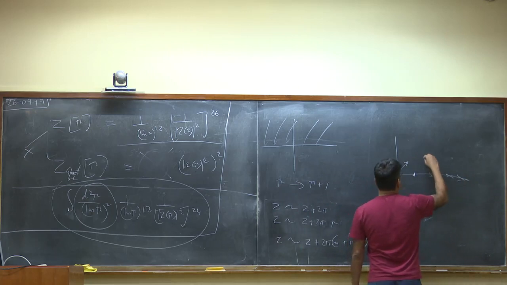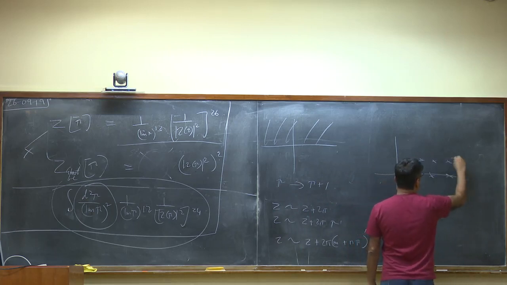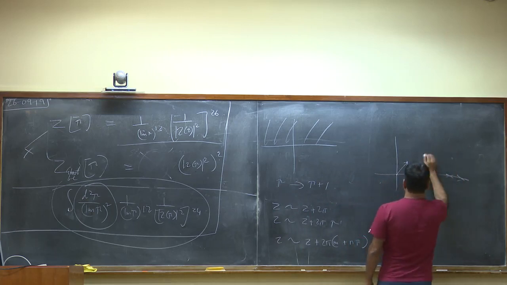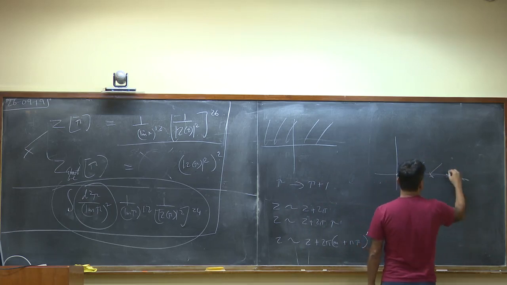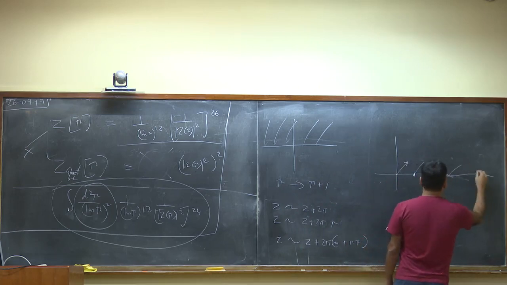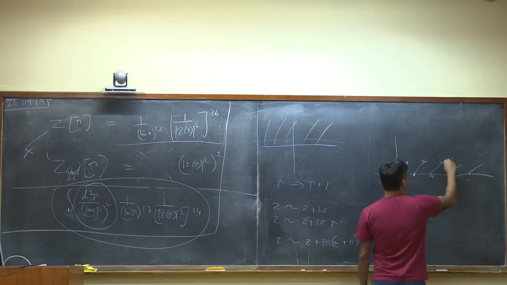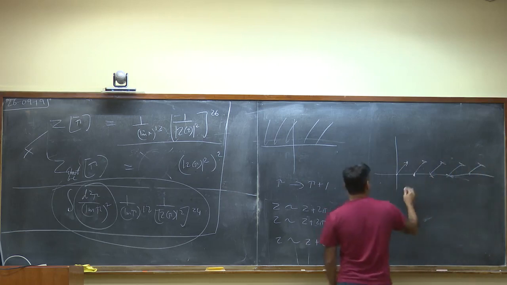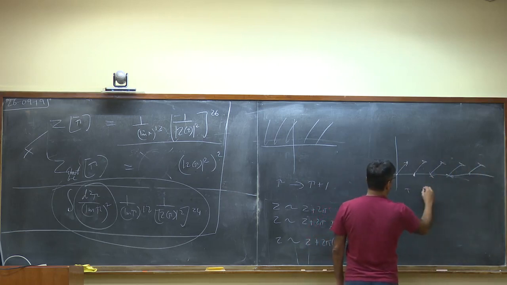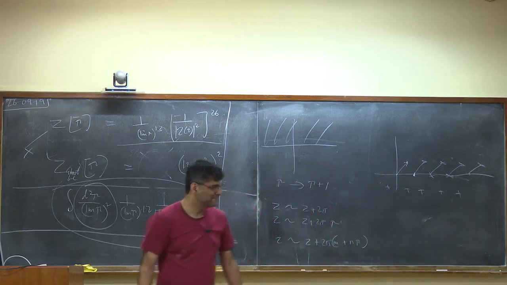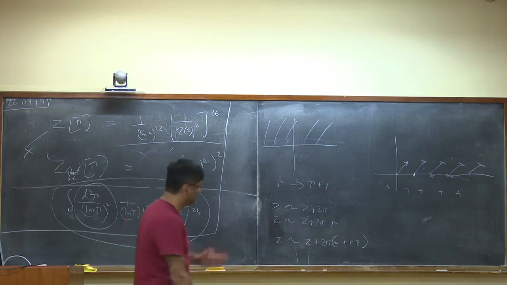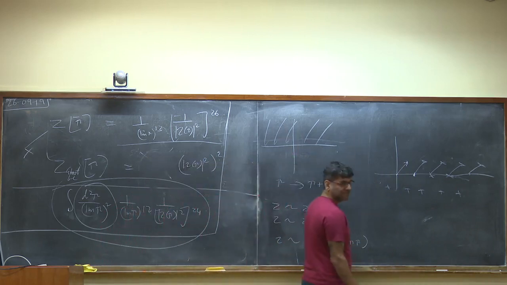Then this guy can go here, here, here, here. I'm not very good at drawing this. And then this guy is here, here, here, and so on. So basically m comma n. Right? So you see you're getting the whole lattice.